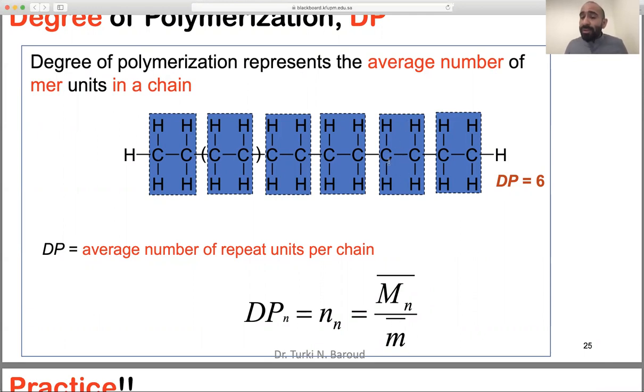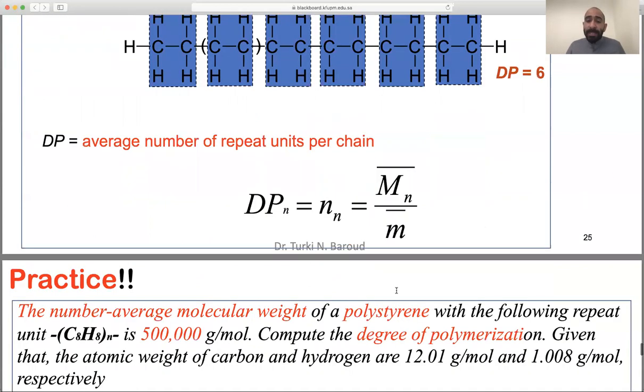That's going to tell you the degree of polymerization. Degree of polymerization is how many mer you have in this chain or this polymer, or the average number of repeated units. So for example, this one you have 1, 2, 3, 4, 5, 6. So the degree of polymerization is 6.